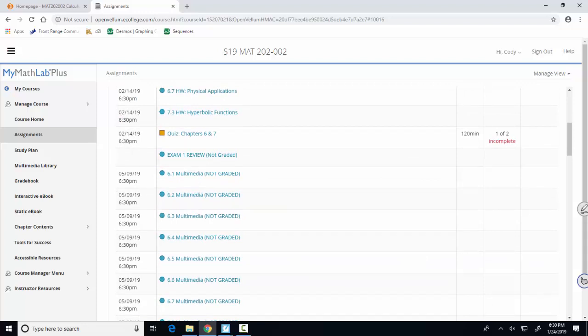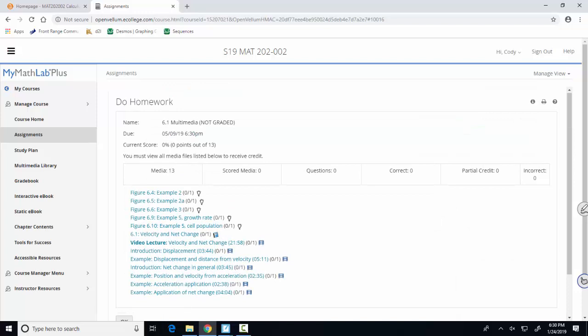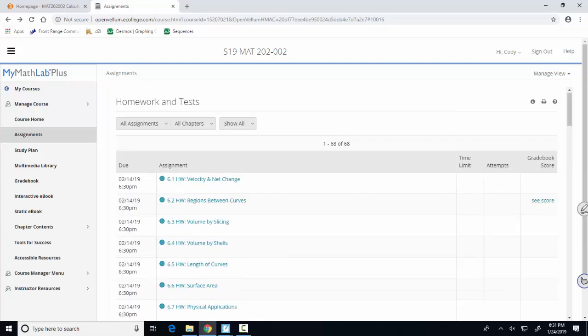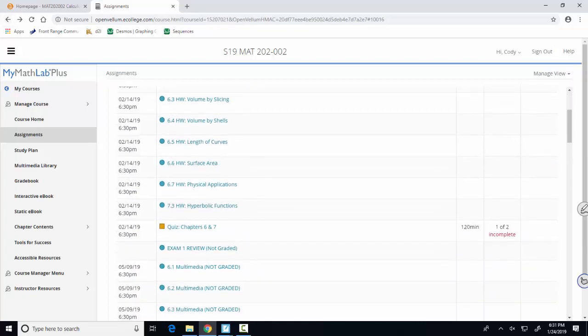So if you go here, you'll see some interactive examples, a video lecture. It's really all the media that your textbook provides for that section. That way you don't have to go hunting for it if you need it. So that's just underneath your homework. There's nothing there to do. It's just videos to watch and such. So for your reference.